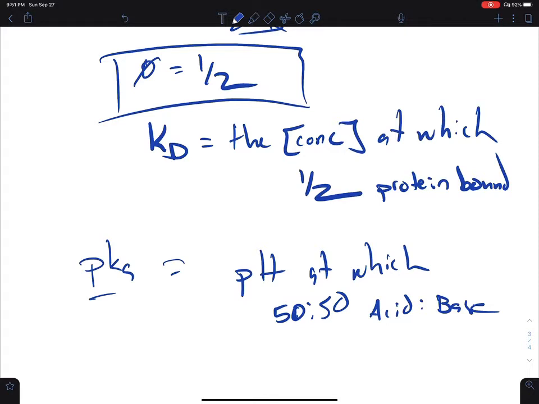The pKa is equal to a pH, so the terms are the same, at which you have a 1-to-1 ratio. In this case, the Kd is defined as the ligand concentration at which there's 1/2 protein bound. And mind you, for any given chemical reaction of protein to ligand, there is one specific Kd, right? There's only one. And that actually becomes a descriptive characteristic of the reaction at work.